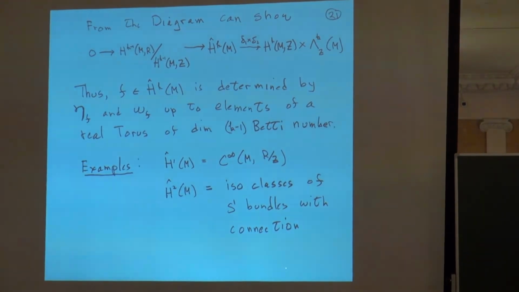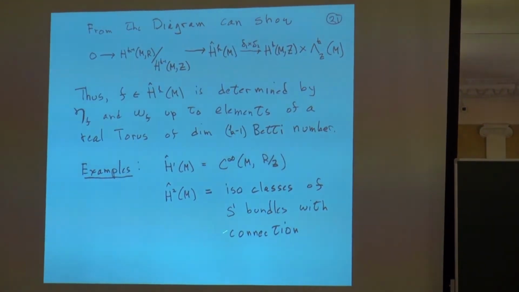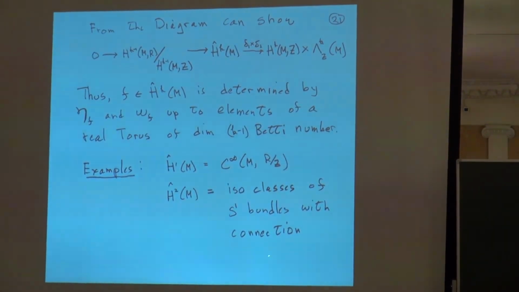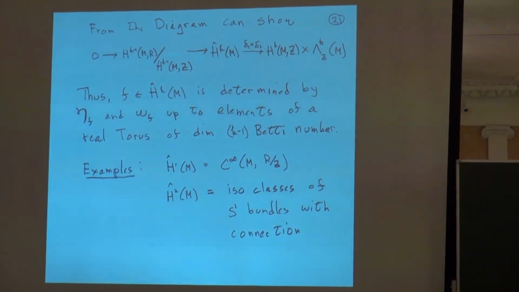If you know the angle of holonomy of a circle bundle, you know the isomorphism class. You can put up a connection on there, and it'll be determined up to isomorphism. And so that's H2, a perfectly good thing. And we saw that when we looked at the Euler character, that simple version of the Euler character. So here are two examples, and that's perfectly nice.